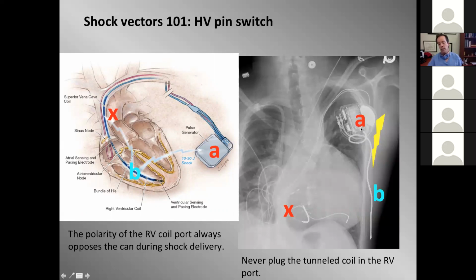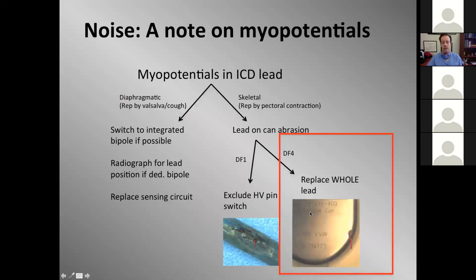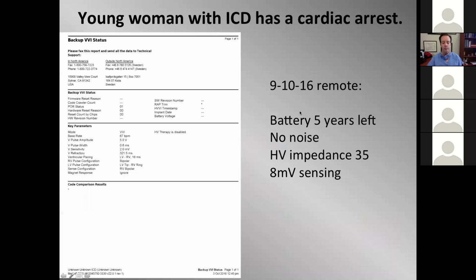If you switch these, you're going to have a zero shock impedance because this is going to just short when it touches the CAN with this naked coil. You replace the whole lead in an impedance breach between RV high voltage coil because of this issue. This is an arcing artifact. Here's an example of what I'm talking about.